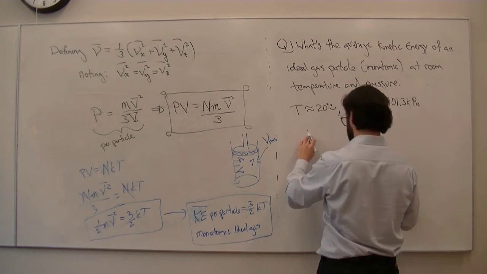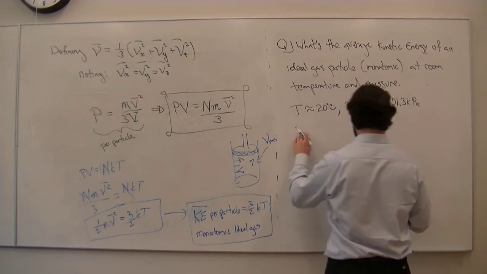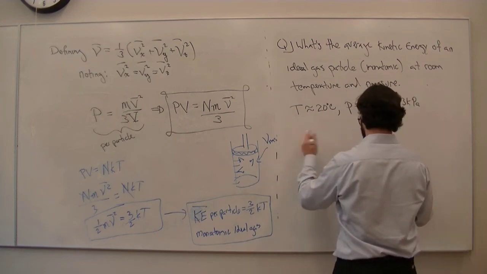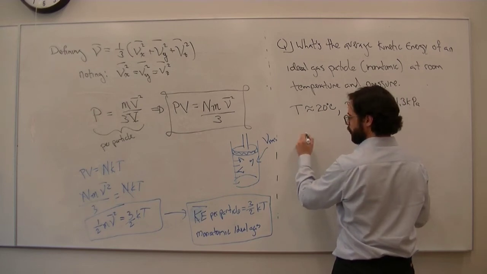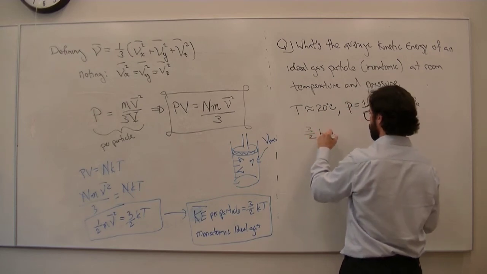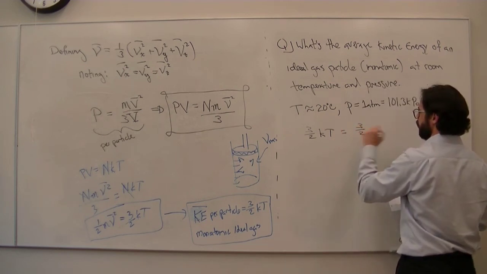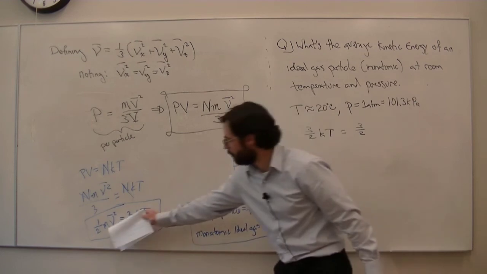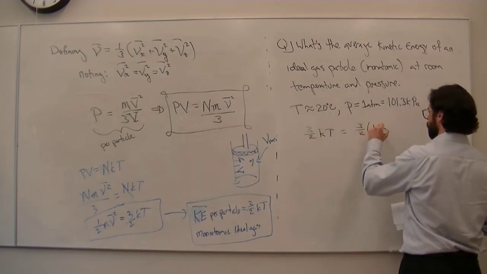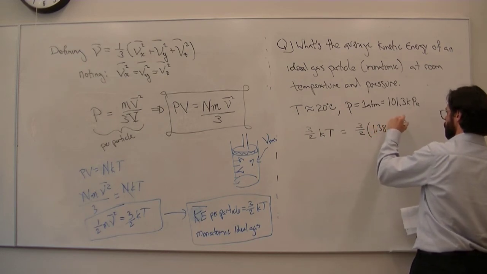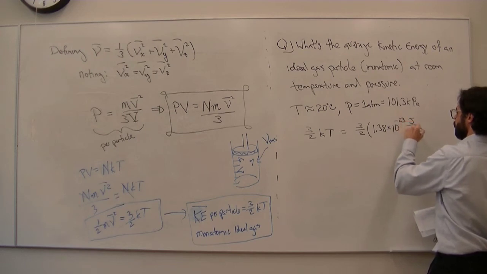And we've got this version, so we don't have R, we have k. So let's just plug this in. So 3/2 kT. Turns out we don't even need pressure, because this is the average kinetic energy per particle. And that's 1.38 times 10 to the minus 23 joules per Kelvin.